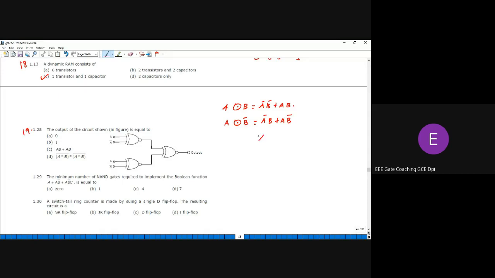So XOR, then XNOR, yeah, XOR XOR, XOR XNOR, XOR.